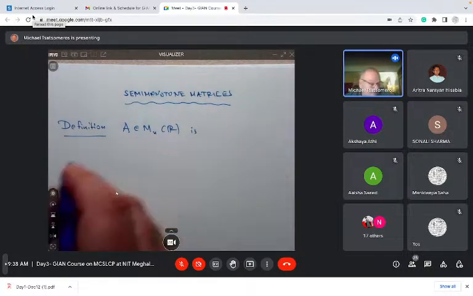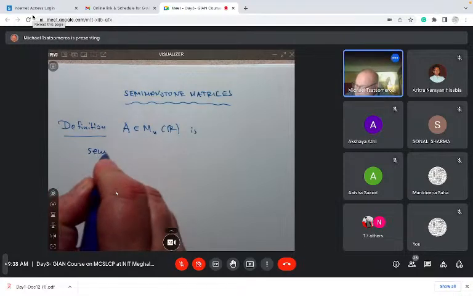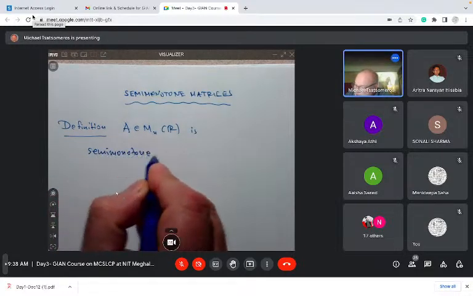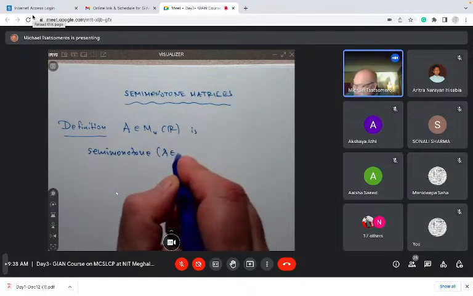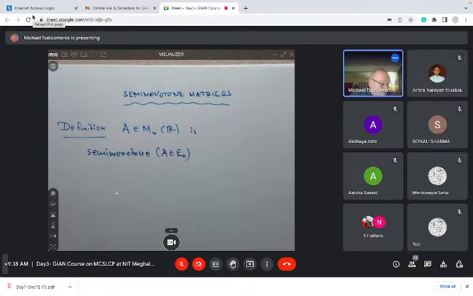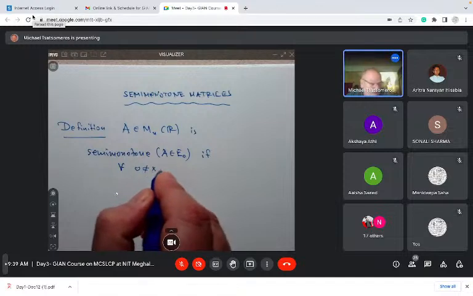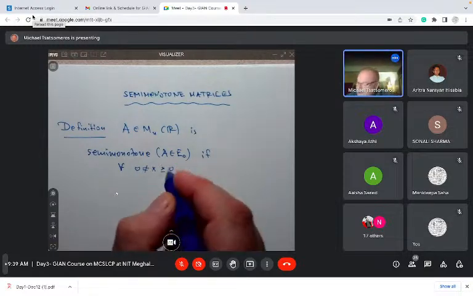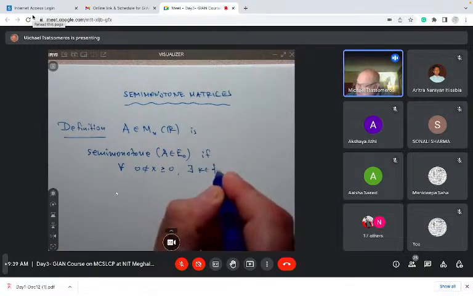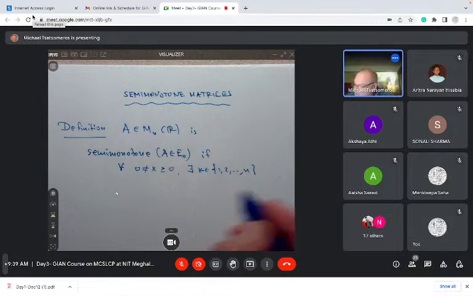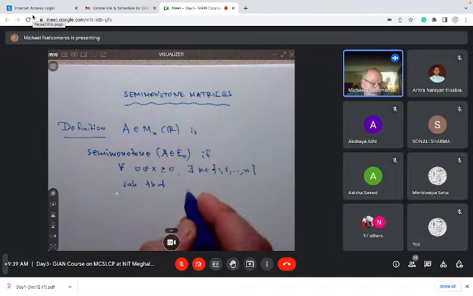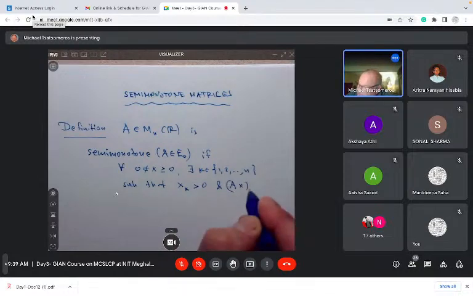It is semi-monotone, and we write A belongs to E sub 0, if for every non-zero x greater or equal to 0, there exists a k in the set 1, 2, down to n, such that x_k is positive and (Ax)_k is positive.